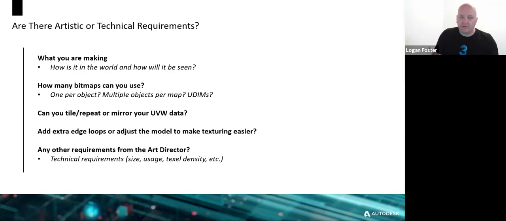So how is it going to be applied? You're going to want to think about how many bitmaps you can use. Some applications you're working on might have a limitation of one per object. Others might allow you to have multiple objects per map. So you might have multiple objects sharing one single bitmap, like you see with a trim sheet, or in mobile you see this as atlases. But you also might have the ability, on the flip side, of having multiple textures operating on your models, right?